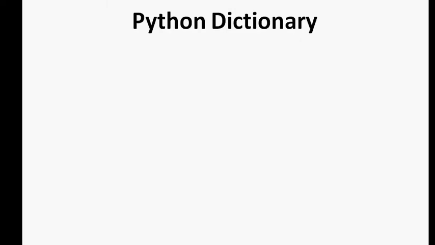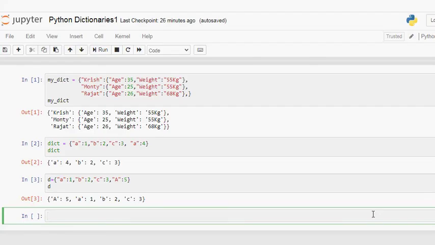In Python dictionary, keys can have different data types. For example, I have taken a dictionary D with a string type key which has corresponding value 1. I am taking another key which is numeric type and having a numeric value. Now I am taking a boolean type key, and again I am taking a floating type key which has the value as a list.